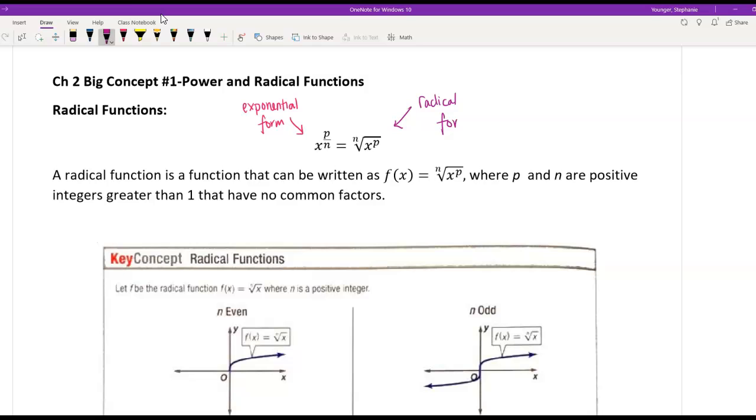They both mean the same exact thing. A radical function is a function that can be written as f of x equals the nth root of x to the p, where p and n are positive integers greater than 1 and have no common factors.